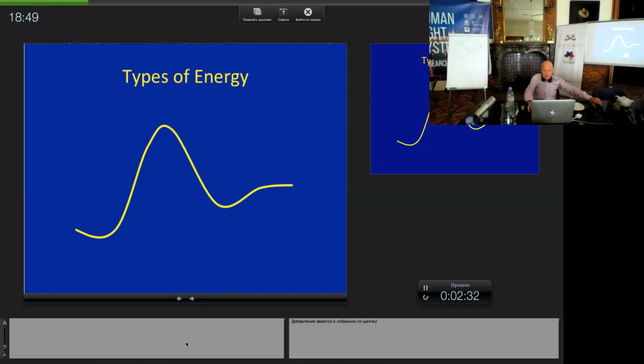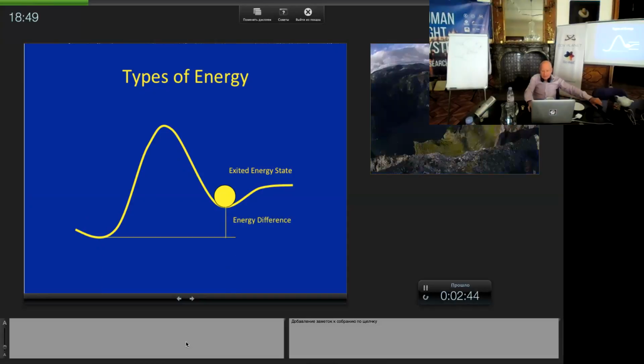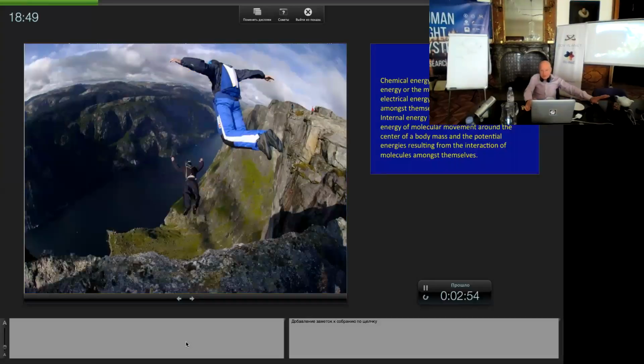When it comes down, it loses some energy, and it transforms to an excited energy state. So still it has some energy difference from the background state, so we name it an excited energy state. And we understand that we always have this type of energy.